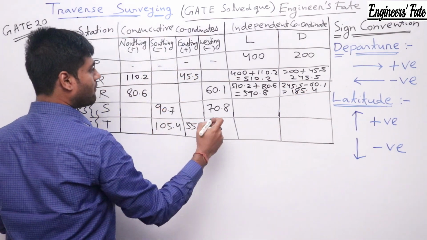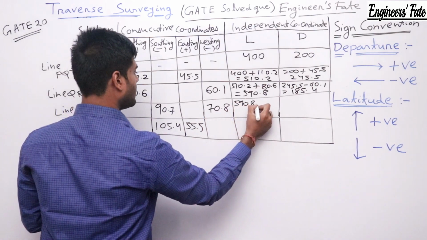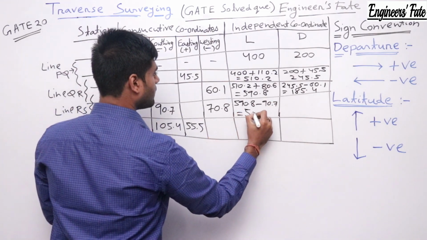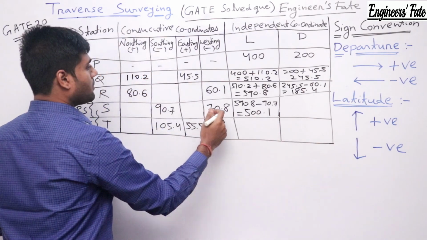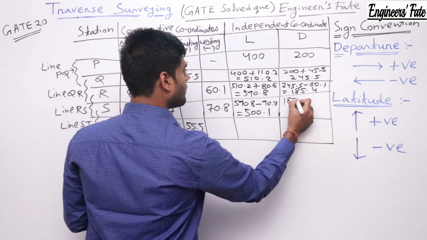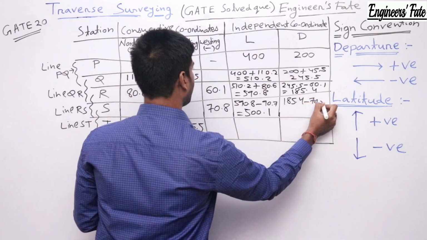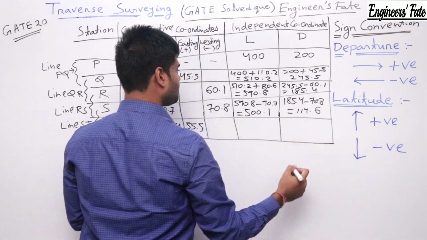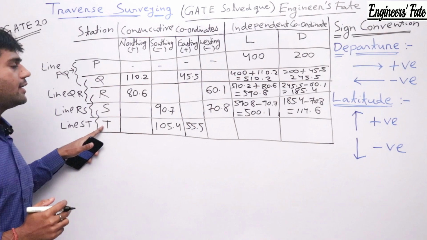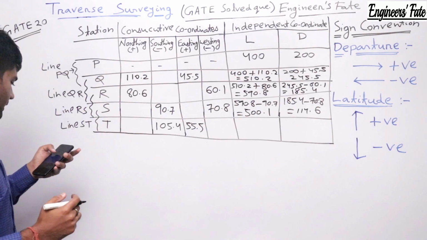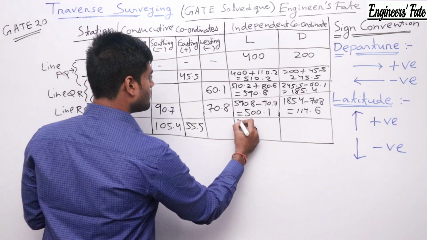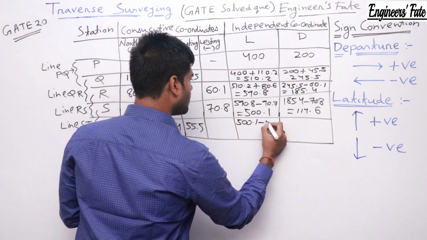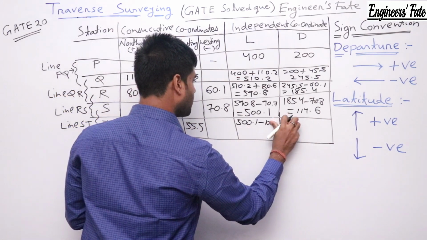Similarly southing means I have to subtract: 590.8 minus 90.7, and this will give me 500.1. And again westing means I have to subtract: 185.4 minus 70.8, and this will give me 114.6. Now I have to find the independent coordinate of station T. Southing is given, so 500.1 minus 105.4.